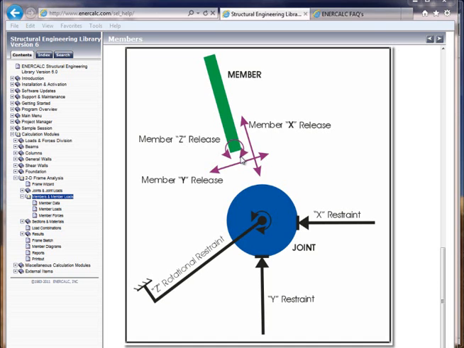There's a mathematical way to determine that z-axis, and it has to do with taking the vector cross product of the local x-axis crossed with the global y-axis. It's unnecessary to get into the details of it, though, in this 2D environment. All you need to remember is that the member z-axis is always the one that points out of the plane of the frame.